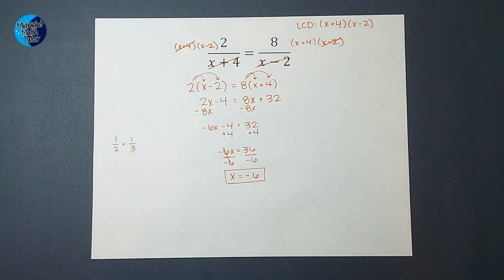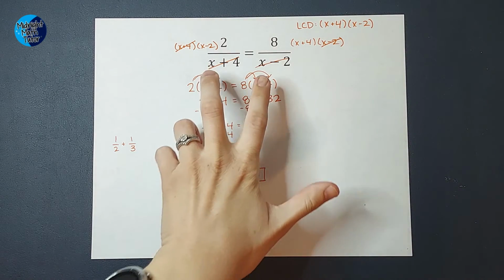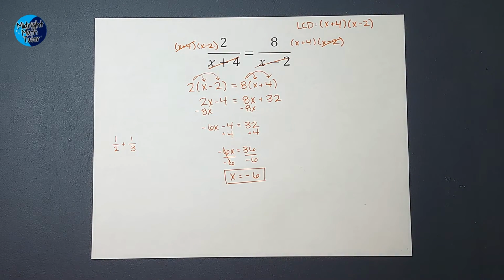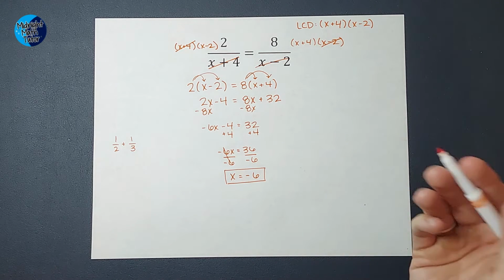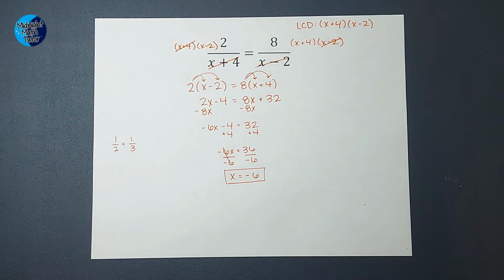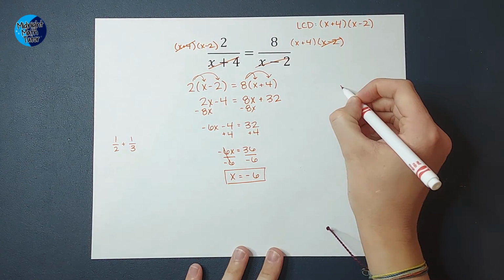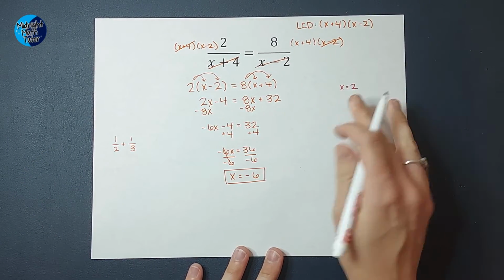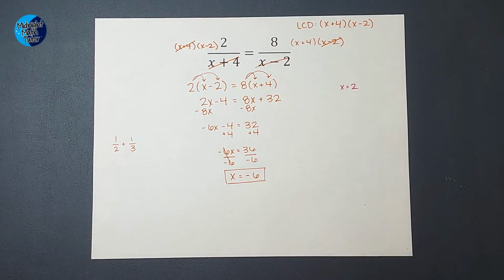Now, the last step, you're like, oh, I thought I was done. Almost, you're almost done. But something you cannot forget. Whenever we start a problem with variables in the denominator, we have to check and make sure we don't have any what we call extraneous solutions, okay? So an extraneous solution, for example, would be if I had gotten the answer, I'm going to write it in red so you know this is not the answer. If I had gotten the answer x equals 2, okay?